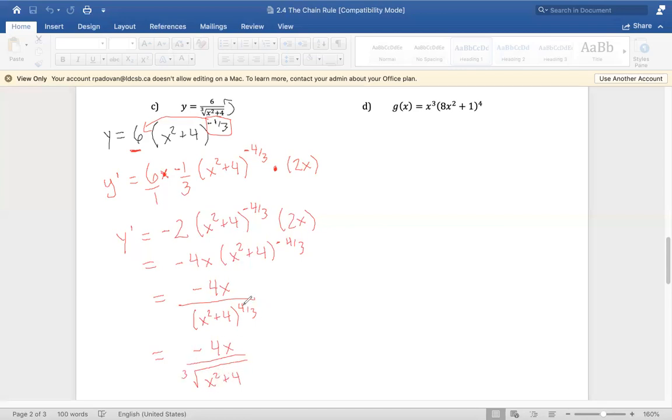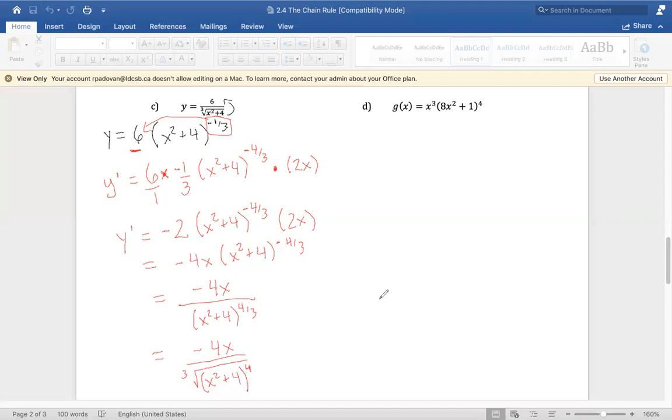And then the numerator of 4 would be inside underneath the radical sign. This bracket would be to the power of 4. So it's x squared plus 4 to the power of 4, and then all cubed rooted. Okay, if we need to go over that.